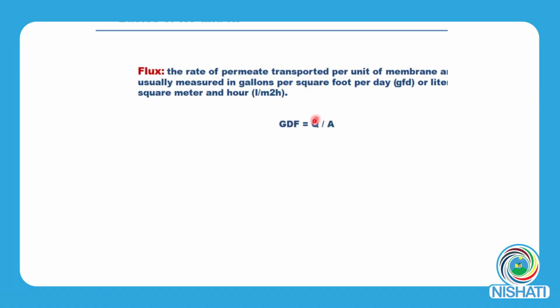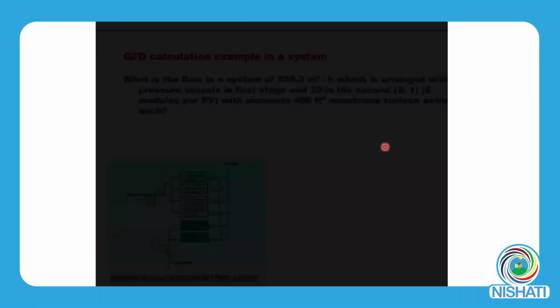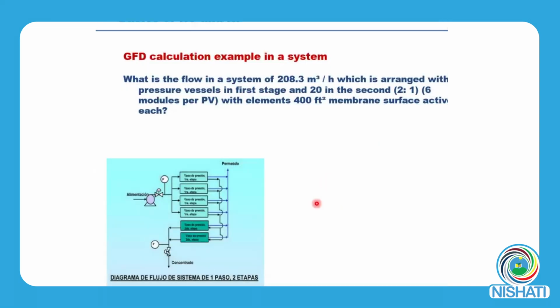The GFD is an acronym. It is the ratio between the flow and the area, okay? You can use gallon square foot day or liter square meter hour. In Spain, of course, we use this. North Americans use gallon square foot day, okay?